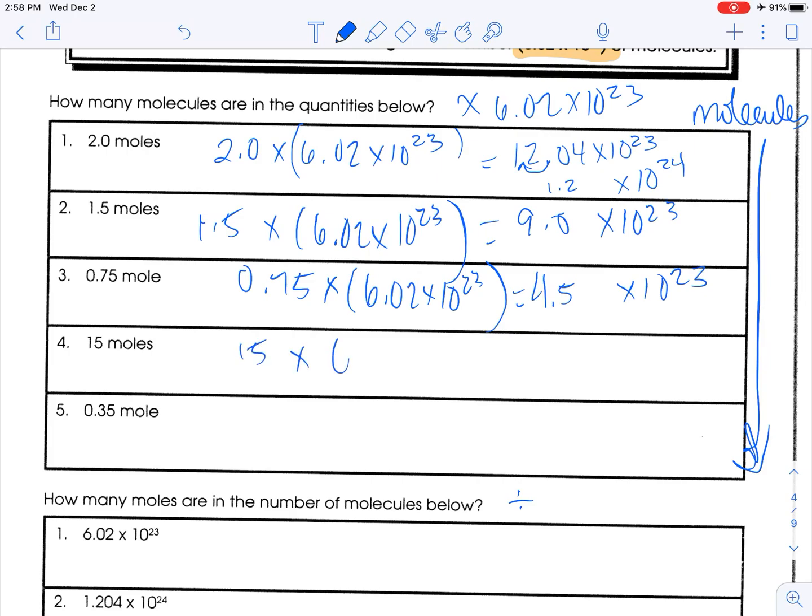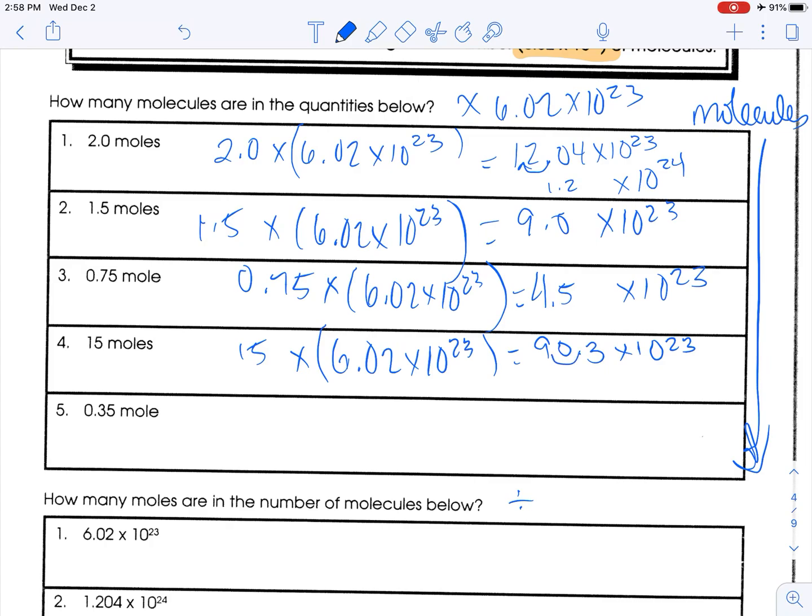15 times the quantity, Avogadro's number. So 15 times 6.02 gets a number, which is 90.3 times 10 to the 23rd, tack that on. You notice that is not proper scientific notation because the coefficient is bigger than 10.